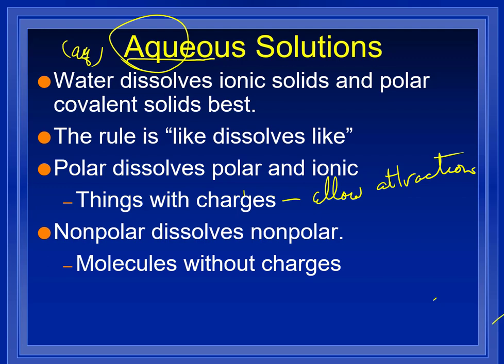And the reason why is because London dispersion forces aren't affected by what you're next to. How hard you're stuck to your neighbor is all about that temporary partial charge that moves around. That's how gasoline sticks to gasoline.